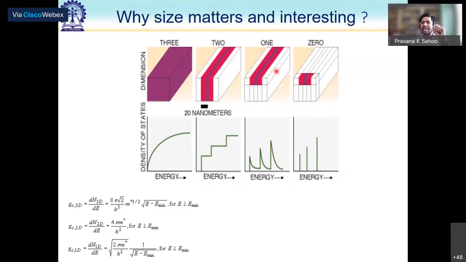You can selectively access particular bands or particular states, which is useful for many unique applications like quantum computing, quantum LEDs, where you can manipulate single states. That's what is necessary for developing quantum technology.